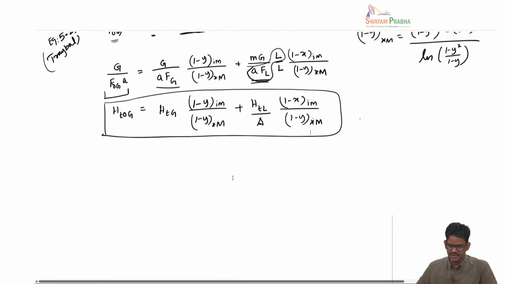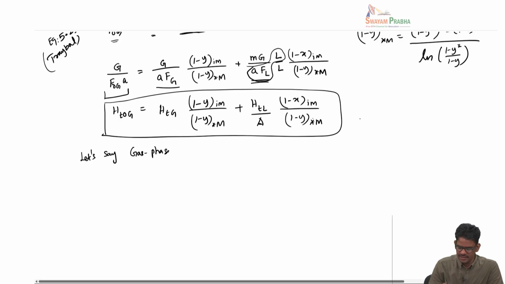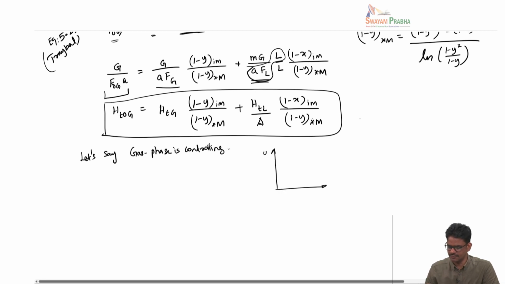But the question is, is there any simplification possible from here? So let's say gas phase is dominantly controlling. So when I say gas phase is controlling, what would you say about the slope of this equilibrium line?